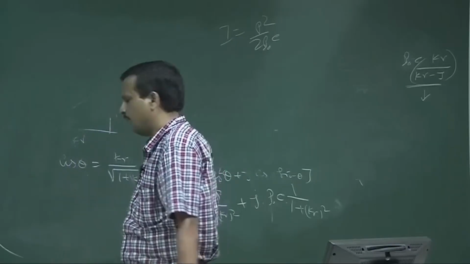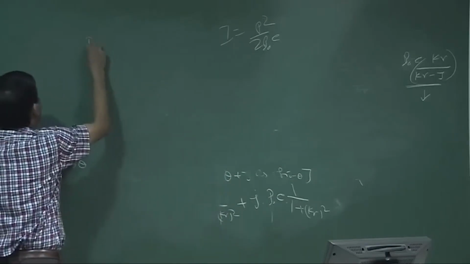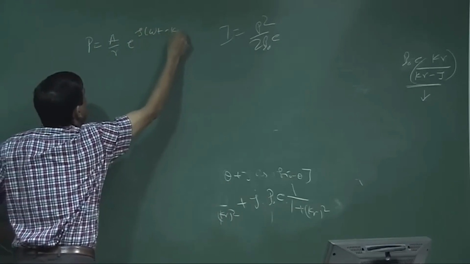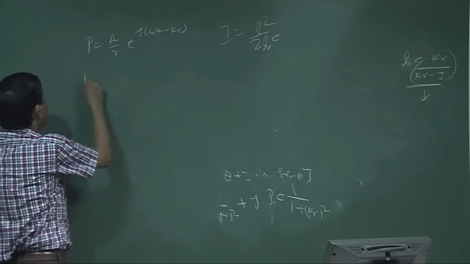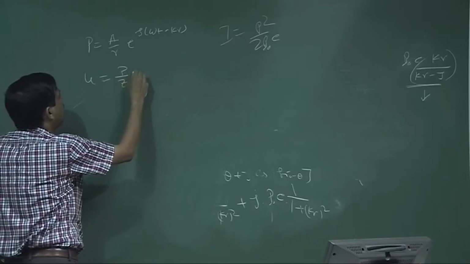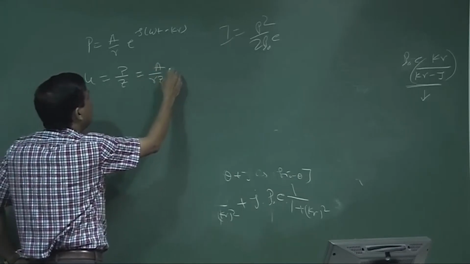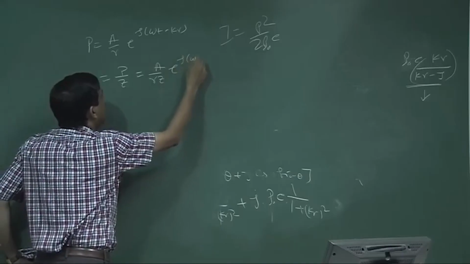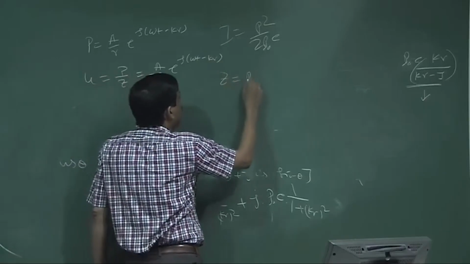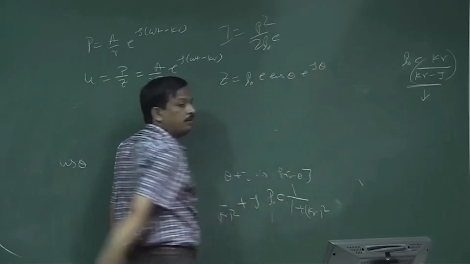Okay. So, let us consider that p is nothing but A by r e to the power j(omega t minus kr). And u is nothing but p by z, so it is A by (r z) e to the power j(omega t minus kr), where z is the impedance, equal to rho 0 c cos theta e to the power j theta.